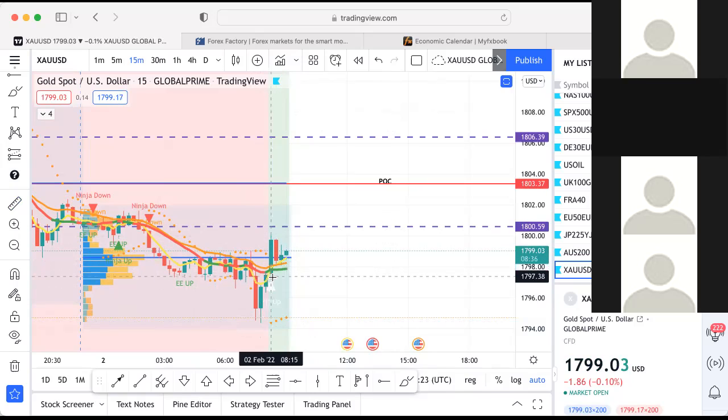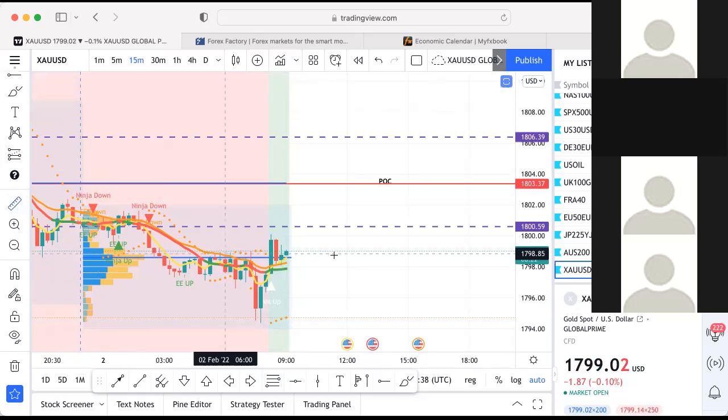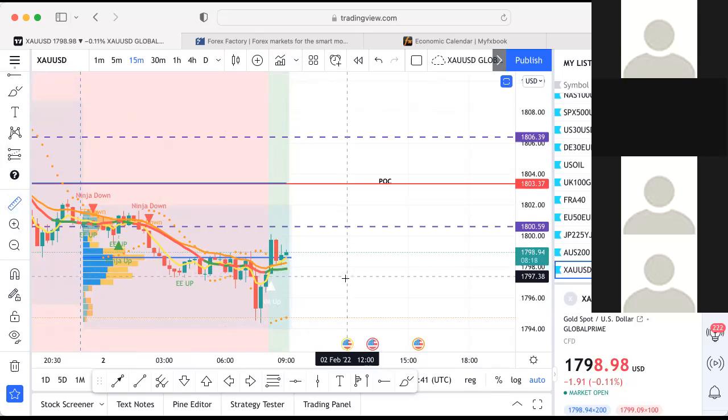You could be looking at the bottom of that wick, and you might even be looking at the bottom of that candle there, which is a bit less scary. So from there up to there, you're looking at 30.